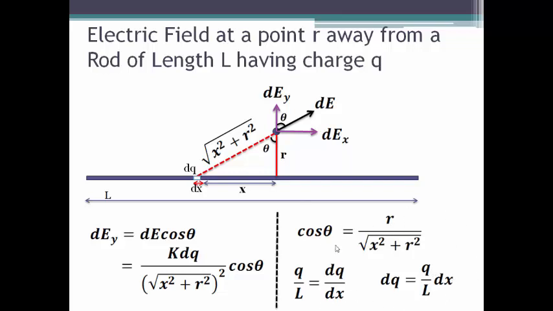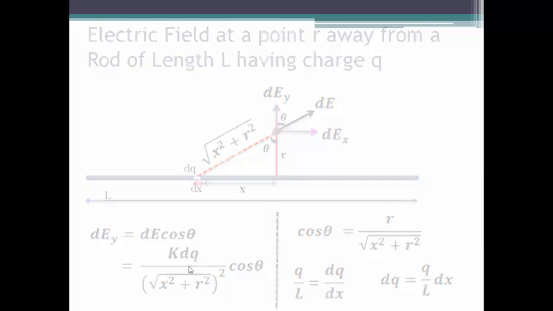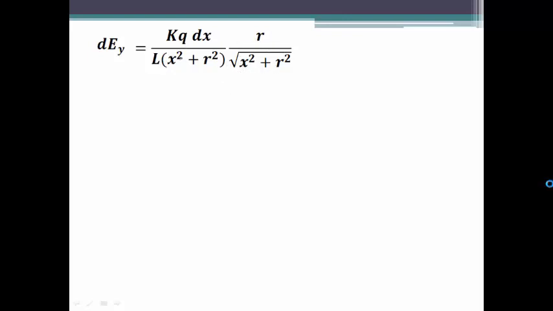Substituting these two values in the expression for dEy, we get dEy equals kq dx upon L into x square plus r square into r upon square root of x square plus r square.